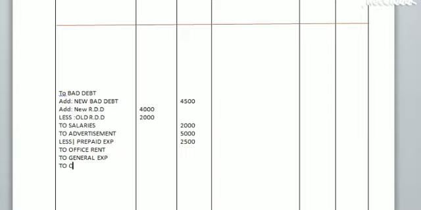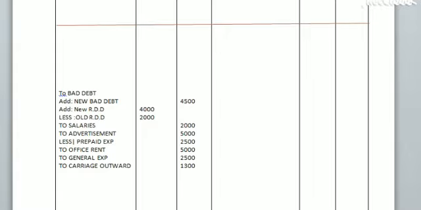To carriage outward, the amount will come here. Office rent amount was 5,000 rupees. Next we have written general expenses, the amount was 2,500. The next is carriage outward and the amount is 1,300.